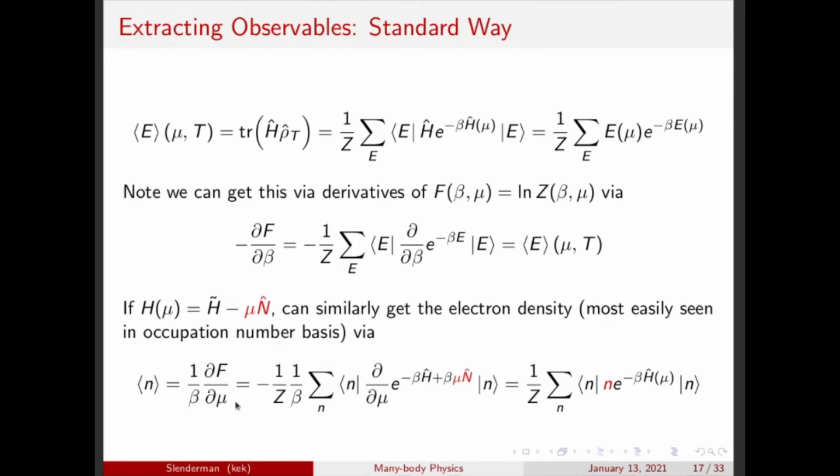I bring the derivative inside these matrix elements, and d/d mu of e to the beta mu n brings down a beta and an n. That's why I have a 1 over beta here. And when this operator n acts on occupation number basis vectors, I get this red n here. And you'll notice this agrees with the definition of the expectation value of n.